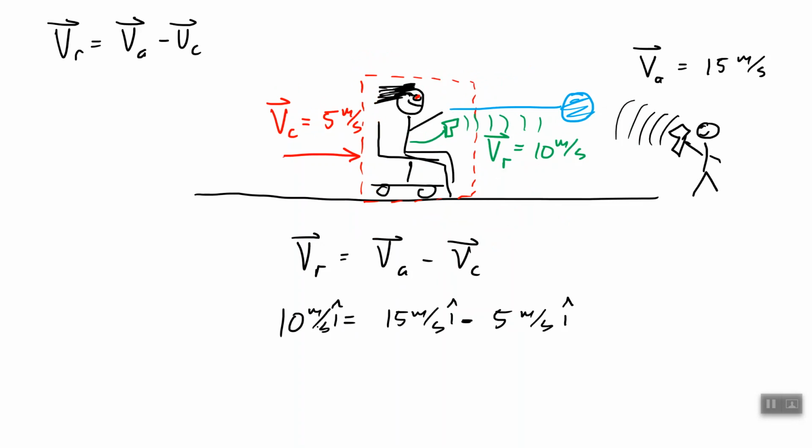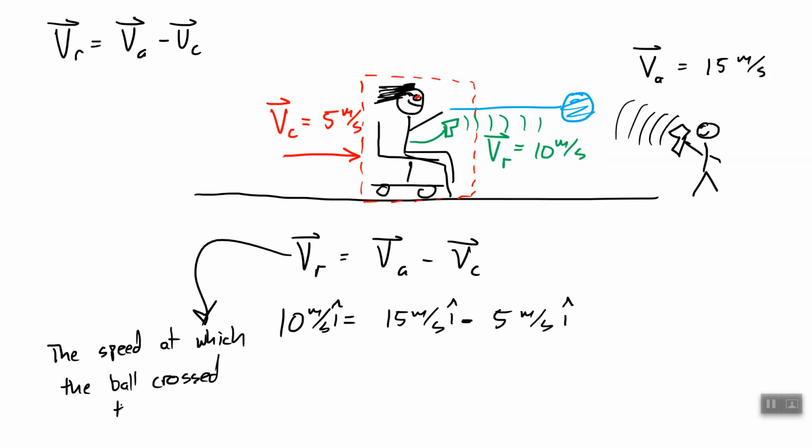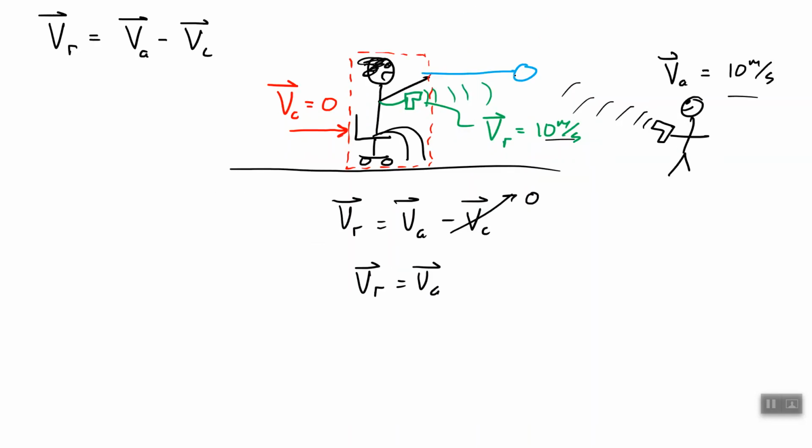And so the relative velocity, AKA the speed at which the ball crossed the control surface, is 10 meters per second, because when I was holding still, that's how fast I could throw the ball.